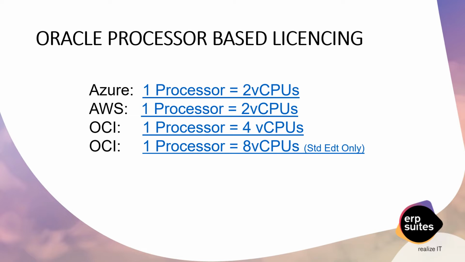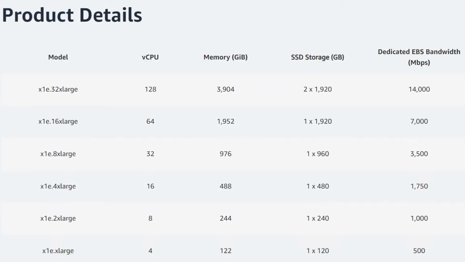For OCI, one processor, though, equals 4 vCPU or 2 core. And if you're talking about standard edition only, one processor on OCI equals 8 vCPU. So what this means in practice is that for the same sized server on OCI versus AWS or versus Azure, you need twice as much Oracle database licensing to cover that same number of seats.